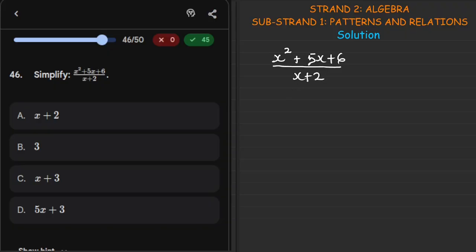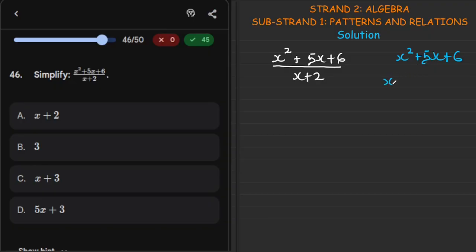What we have to do here is factorize the numerator. Factorizing the numerator, we know x squared plus 5x plus 6 is a quadratic expression. To factorize that, since the coefficient of x squared is 1, we need the factors of 6 which when added give us 5, and that is 2 and 3.